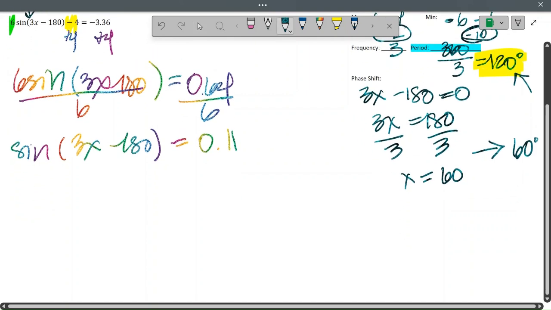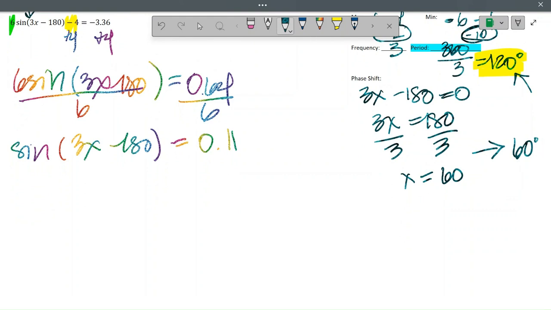All right, now I'm going to take the inverse sine of both sides. I'm not going to write that out because it makes it really long. When you take the inverse sine of the left side, you are left with what's in parentheses. When I take the inverse sine of the right side, I'm going to write this so you can see what I mean when I say inverse sine. This is what I already did to the other side.